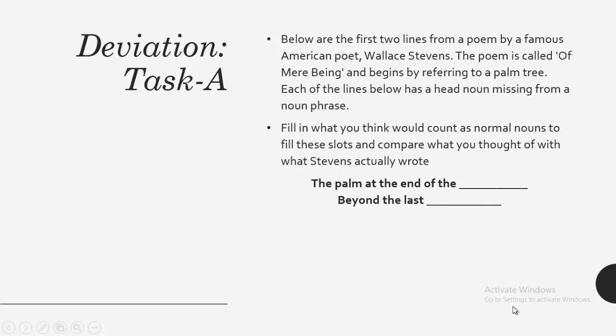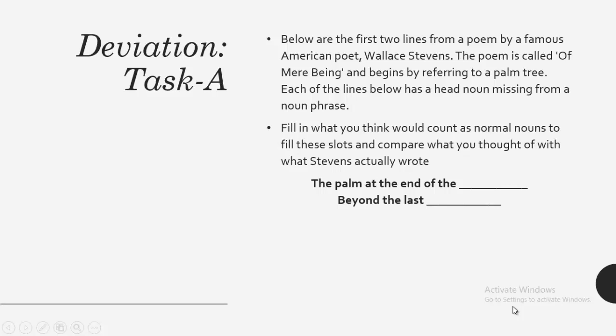And you can see that each of the lines below has a head noun missing from a noun phrase. So there is a noun phrase, this one, of the, and the blank, and the last, and the blank. So you can see the head noun is missing. What you have to do is fill in what you think would count as normal nouns to fill these blanks, and compare with what Stevens actually wrote.